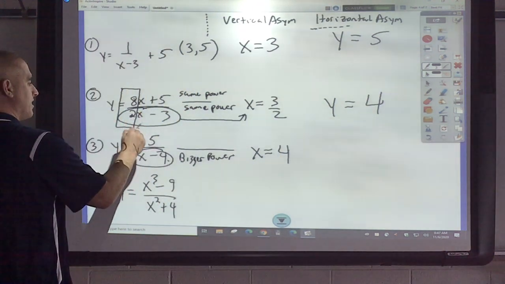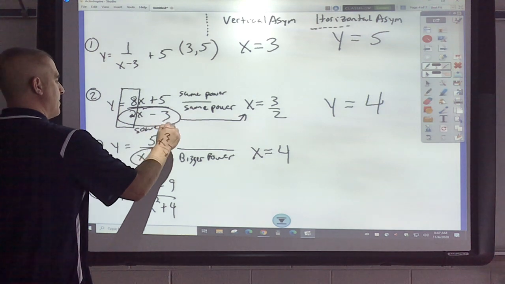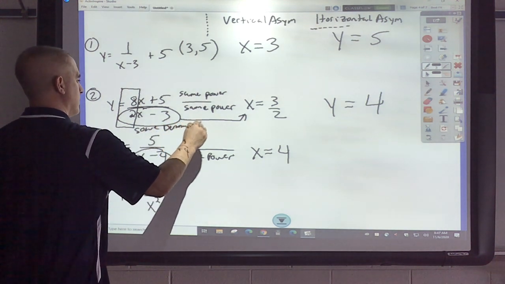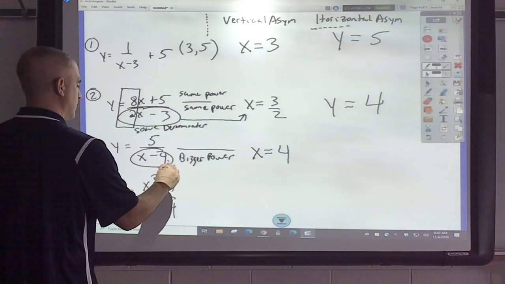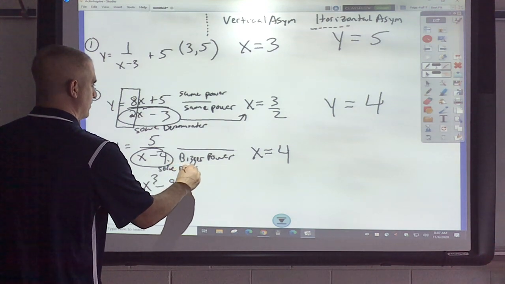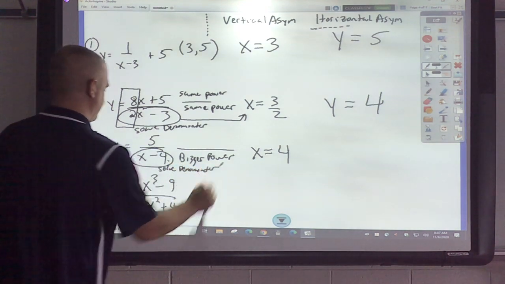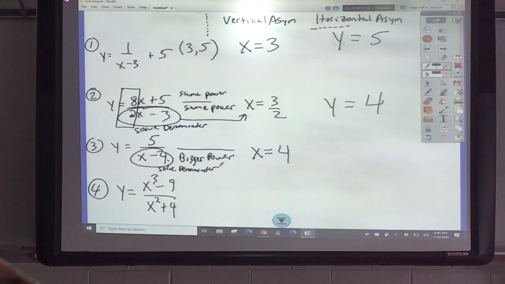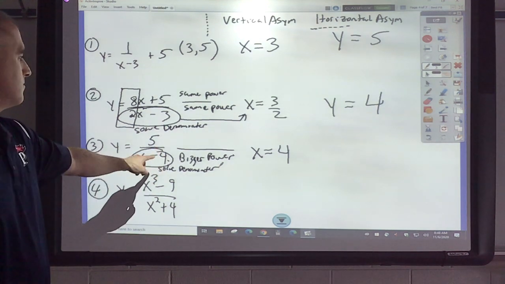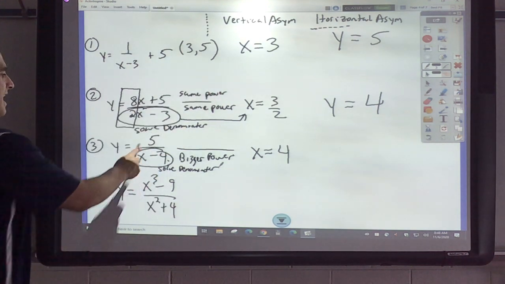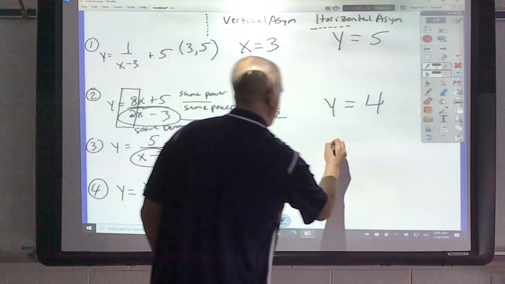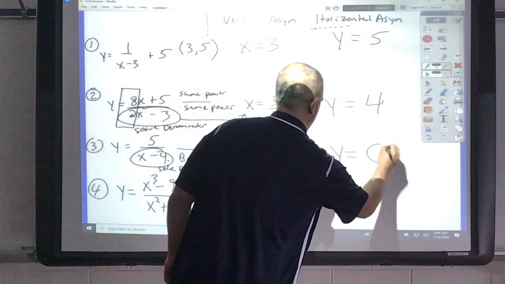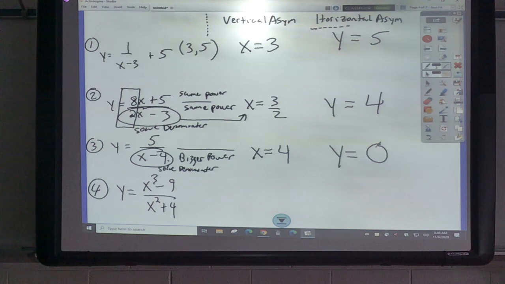So basically, we solve the denominator. For the horizontal asymptote, when you have this scenario, it would just be y equals 0.